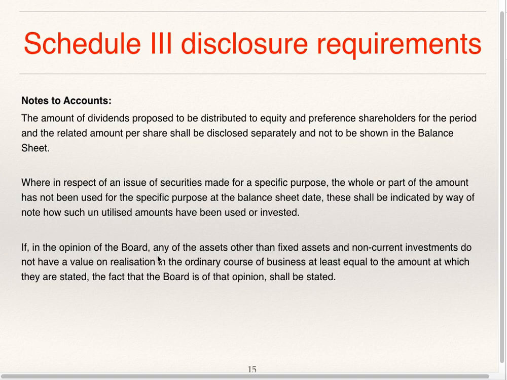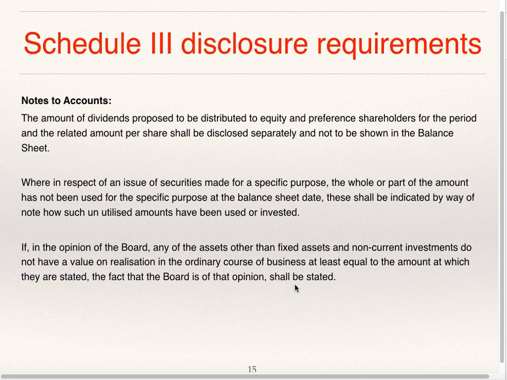If, in the opinion of the board, any of the assets other than fixed assets and non-current investments do not have a value on realization in the ordinary course of business at least equal to the amount at which they are stated, the fact that the board is of that opinion shall be stated. That means other than fixed assets and non-current investments, you can consider it as mostly current assets.